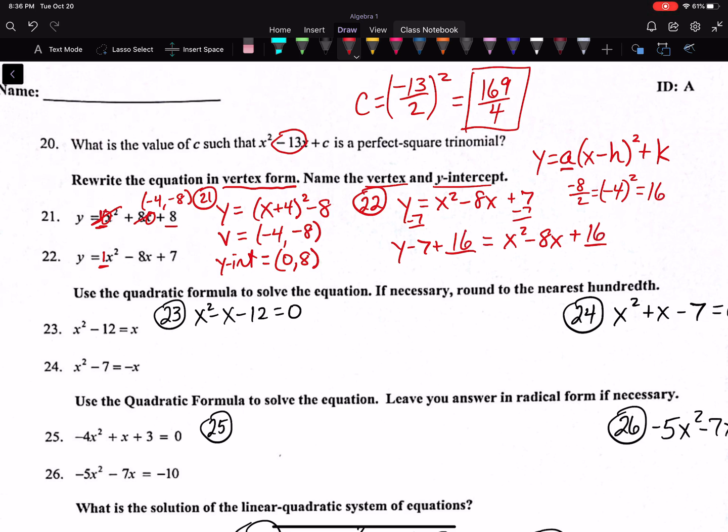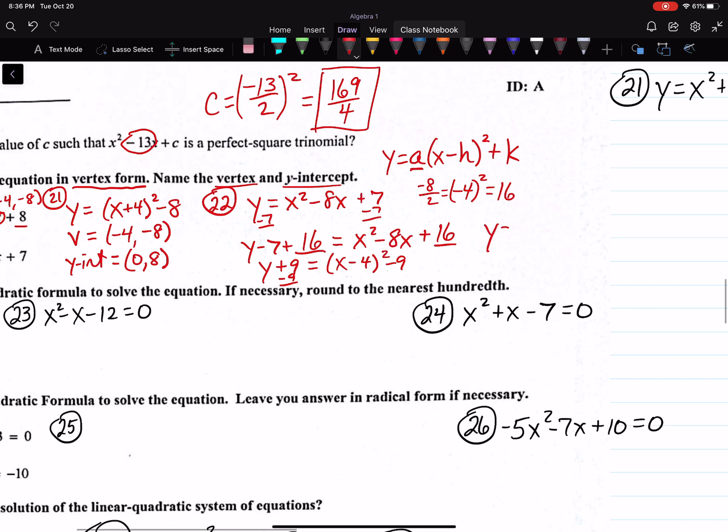Over here now will be y plus 9 equals, on this side we're going to factor, that's x minus 4 squared. And then finally we just move our 9 over. So my final answer is y equals x minus 4 squared minus 9. So that way is doing the completing the square.